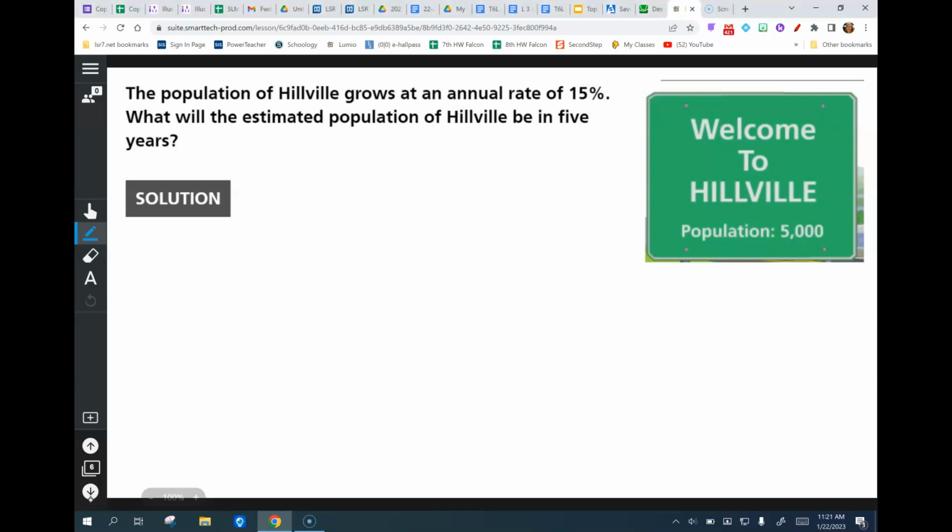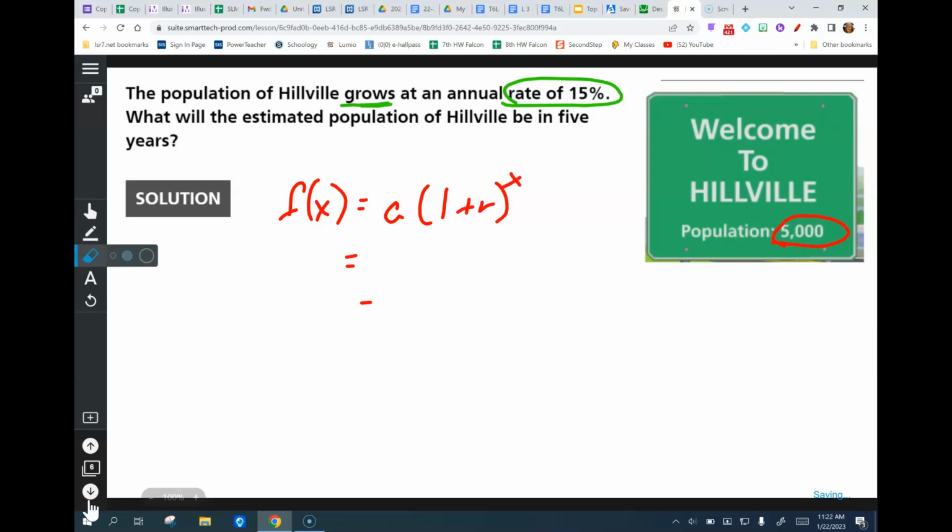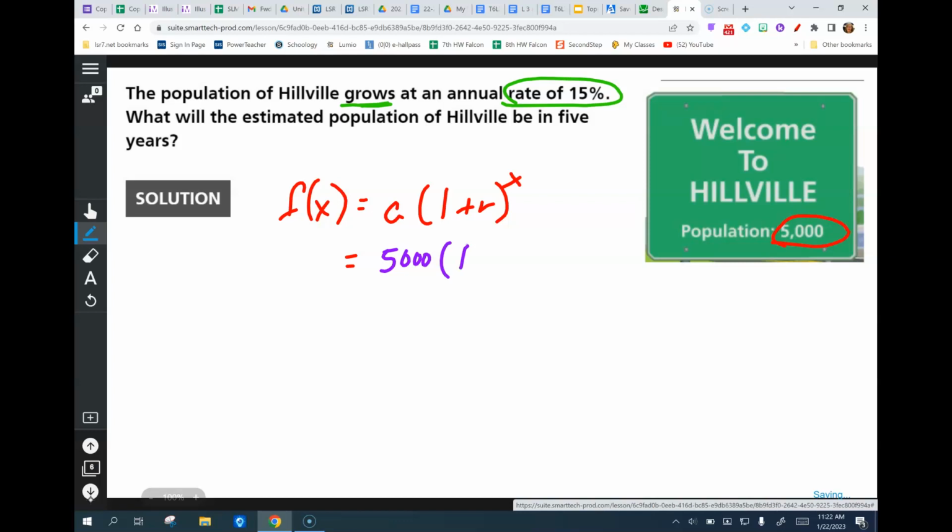It is a growth, and it happens at a rate of 15%, and our initial population is going to be 5,000. So remember our function, f of x is equal to a times 1 plus r to the x. So a is still the initial amount, so our initial amount here is going to be 5,000. Then we have 1 plus the rate.